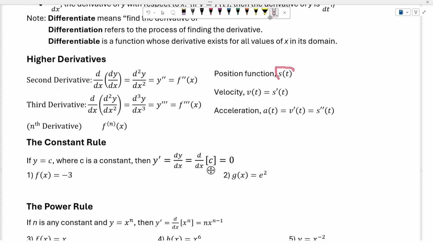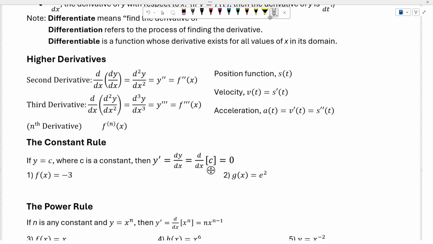If I have a position function s of t, then the velocity is the first derivative of the position function. And the acceleration a of t is the first derivative of velocity, or we could say it is the second derivative of the position function.